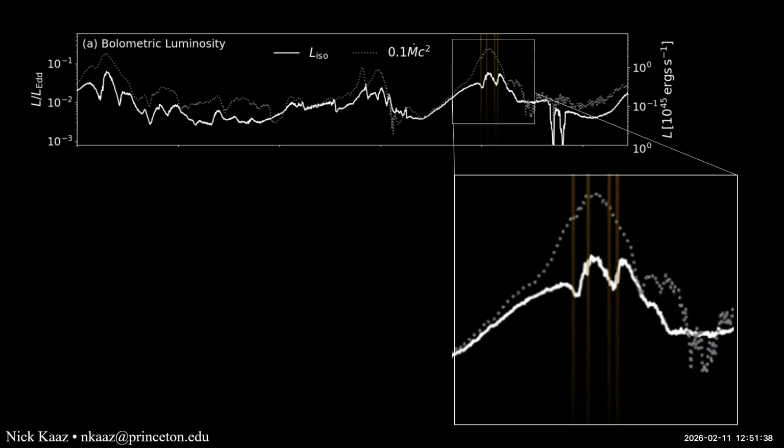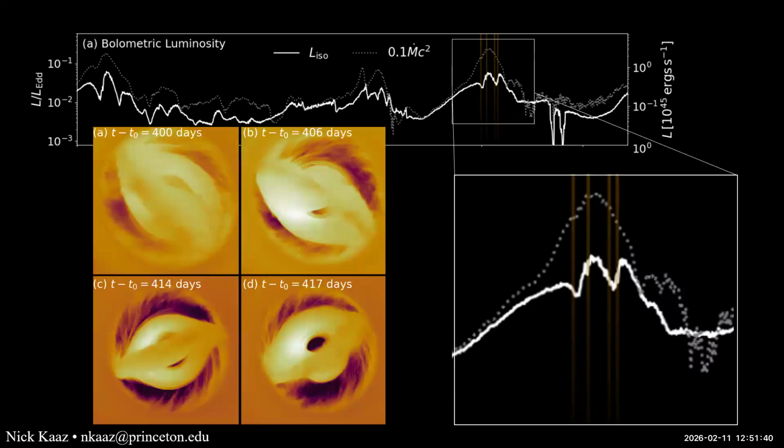So what's happening here exactly? It becomes clear if you look at the ray traced images. At the peak of these tearing events, the inner disk is actively precessing. You can think about it as a lighthouse that's moving in and out of your line of sight, adding to the variability. Now, this is a violent phase of evolution. You don't get very many coherent precession cycles, so you can only get a few, but they're there.